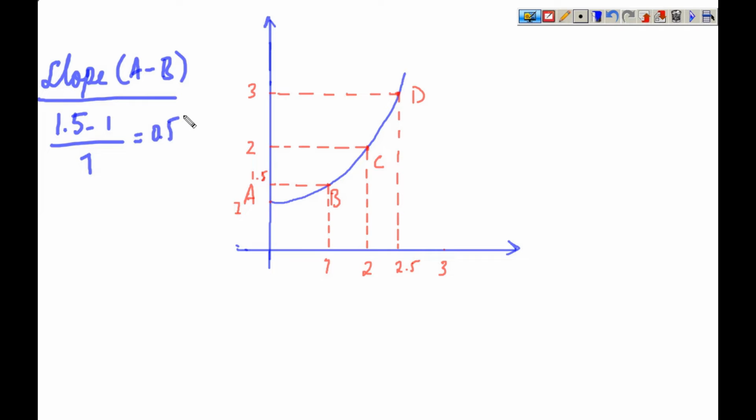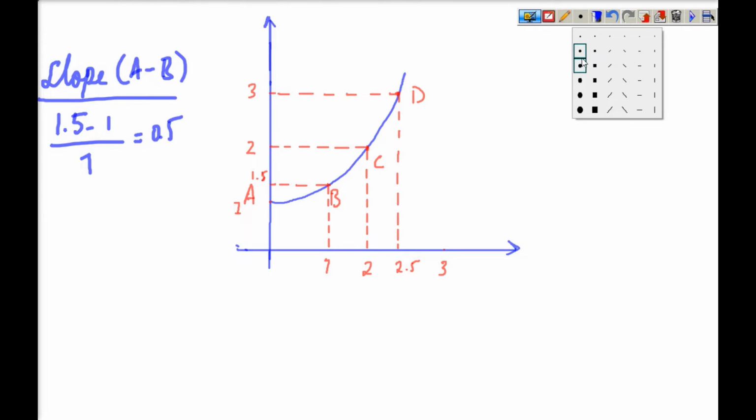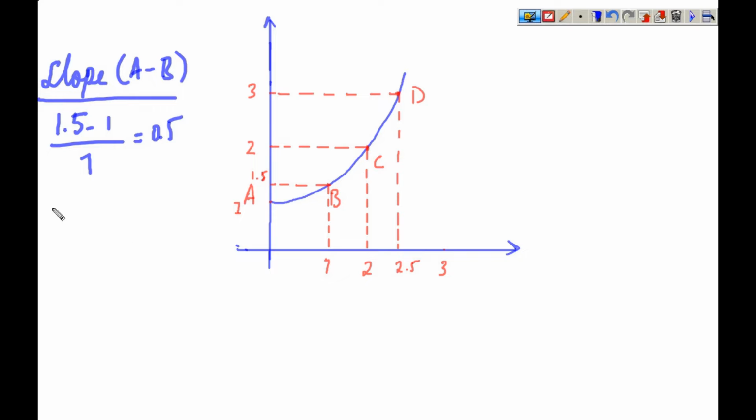So 0.5 for A to B. Now what if we need to find the slope of B to C? Keep in mind that we are actually just checking the straight line between A and B.